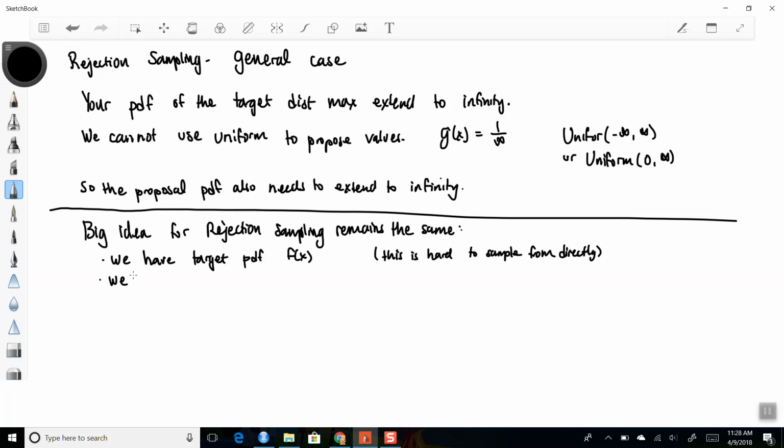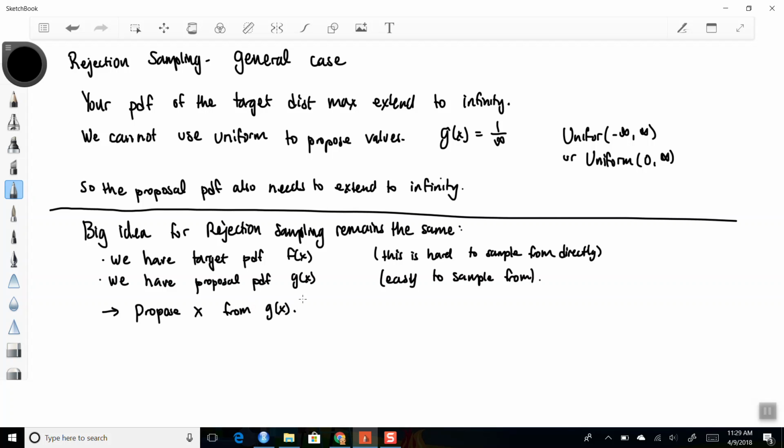And then we have a proposal PDF g, which is easy to sample from. Okay, and the process goes like this. Propose x from g of x. All right, no problem there.